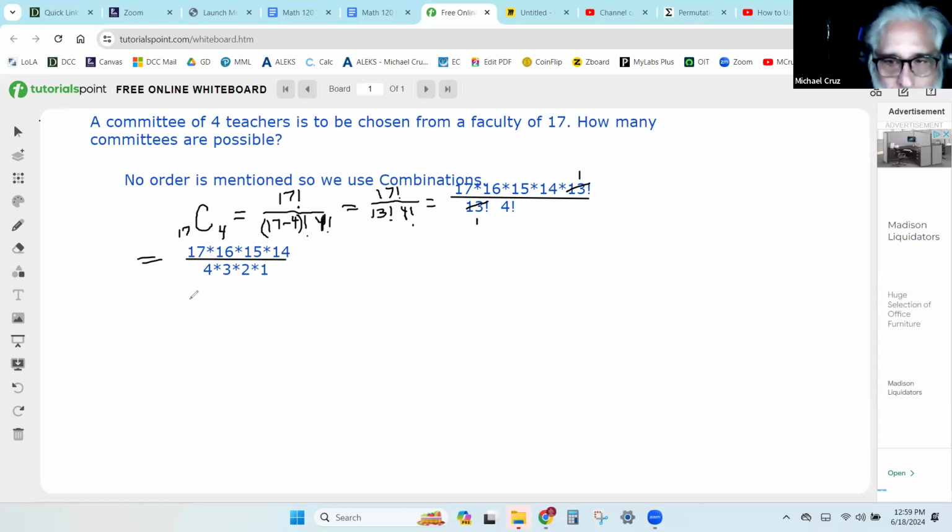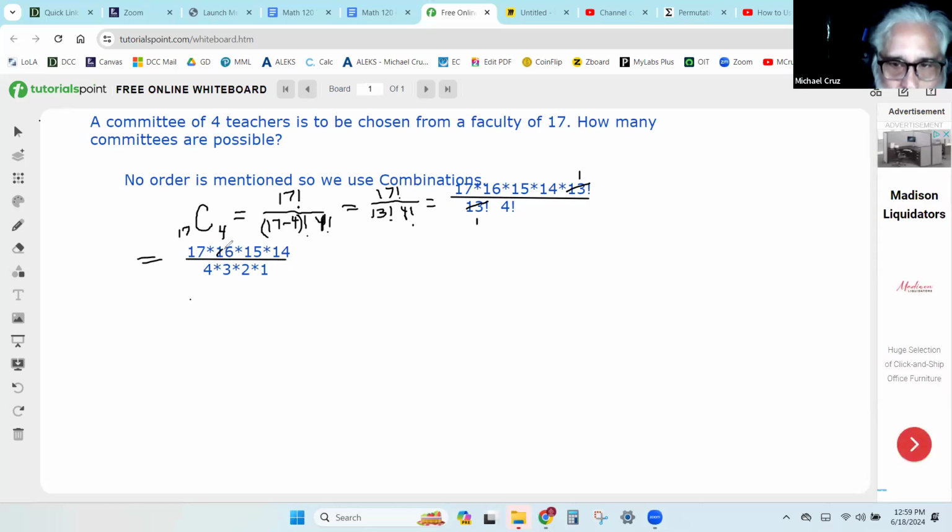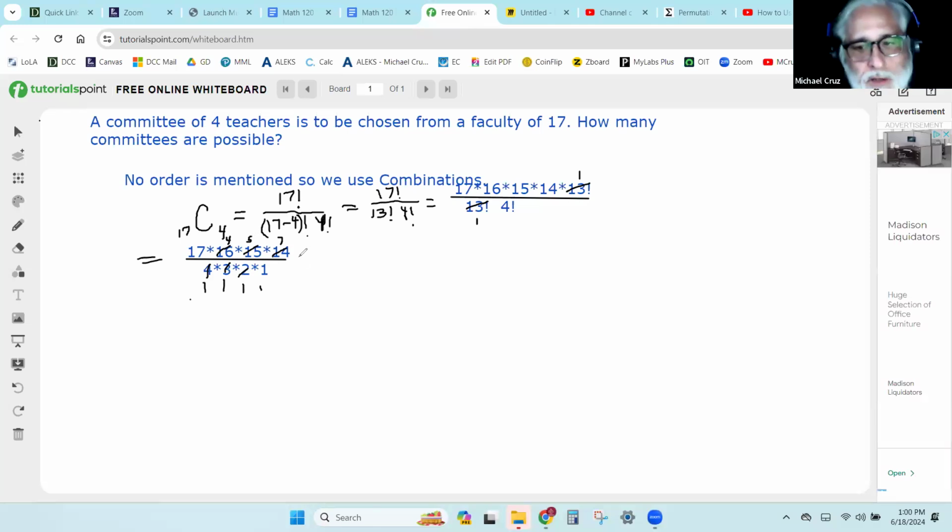But in this case, 4 goes into 16. That's the only number that's divisible by 4. All right. 17 is not divisible by 3, but 15 is. And then we can go into any even one. I'm going to go to the 14. 2 goes into there 7 times. And now all we got is 1s down there, so we are done.